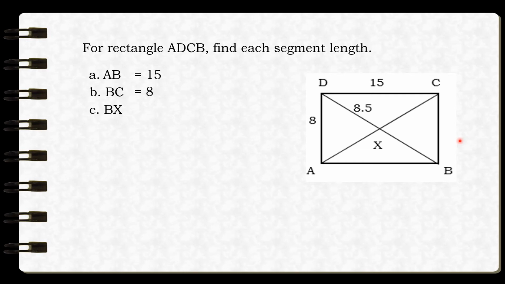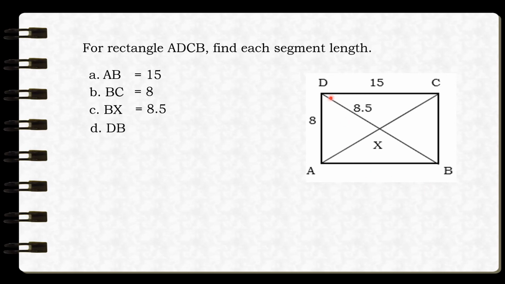Then what is the measurement of segment BX? So this is segment BX. And since the diagonals of a rectangle bisect each other, if DX is 8.5, it means segment BX is also 8.5. Then what is the measurement of segment DB?